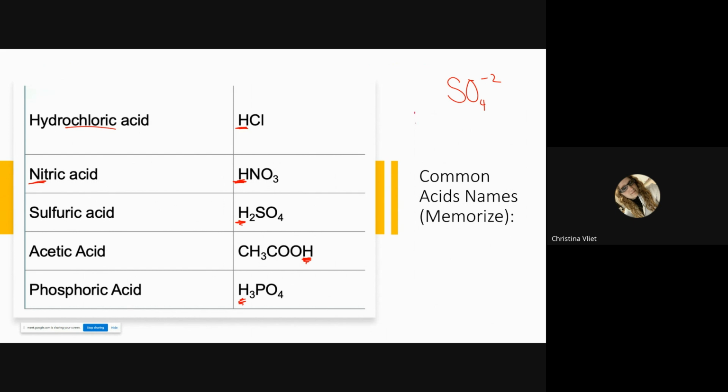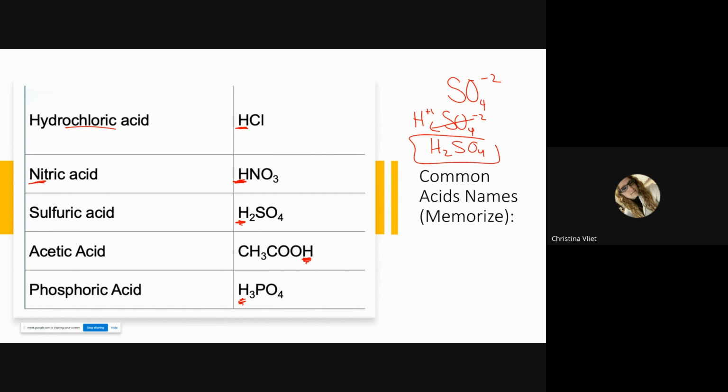If I put H that has a +1 charge with sulfate that has a -2 charge, then if I use the technique that we learned all the way back in Unit 3 of crisscrossing to make the charges equivalent, you would get H2SO4. These are just the combinations of putting H+ together with each of the polyatomic ions that you see.